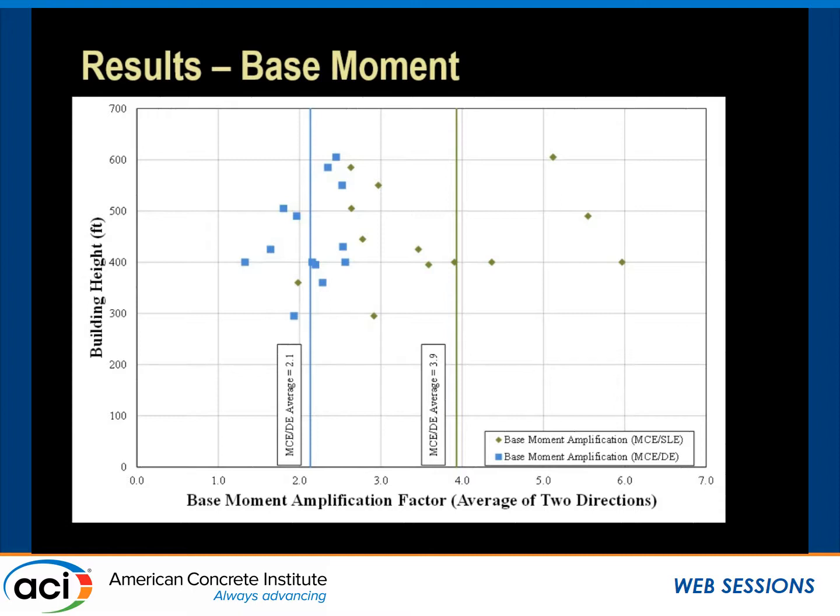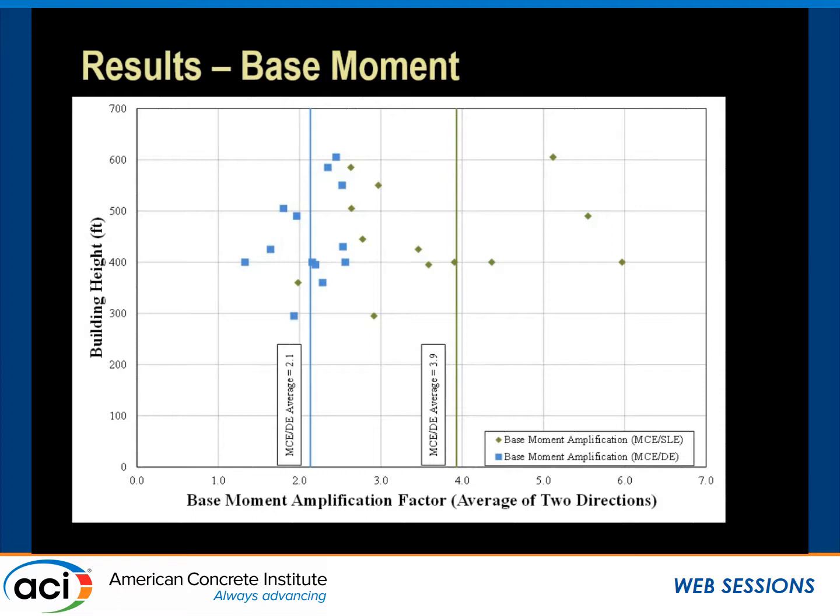The MCE divided by DE factors vary from 1.3, note that that's actually less than 1.5 for one of these buildings, all the way up to 2.6 with an average of 2.1. And the SLE results go from 2 all the way up to about 6. And the average here is 3.9.